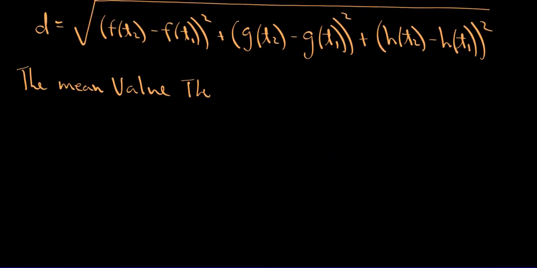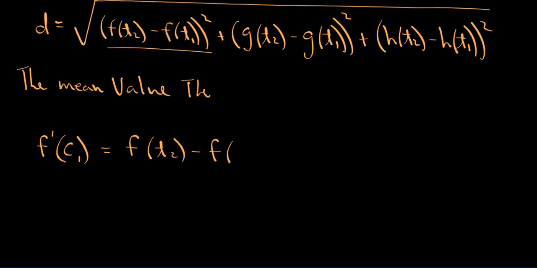For example, let's take this first part right here. Between t1 and t2, there's some c1 in there such that f prime of c1 is equal to f of t2 minus f of t1 all over delta t. Do y'all remember that? This is the mean value theorem, and we know that number definitely exists.